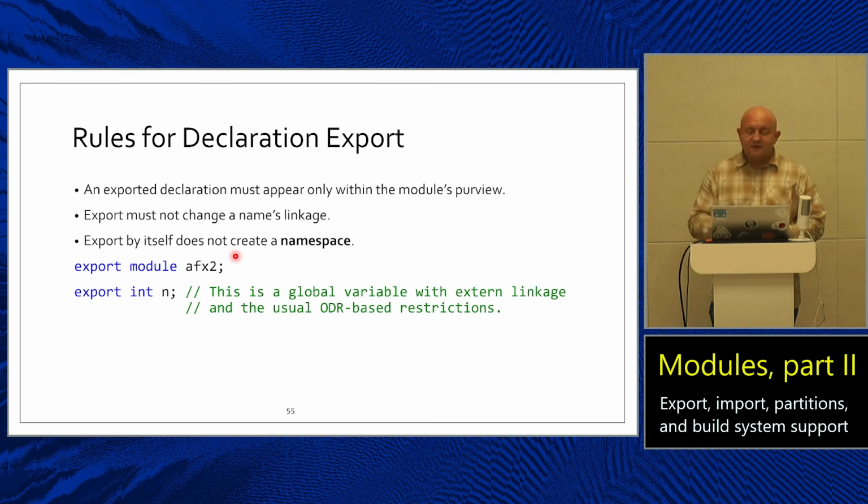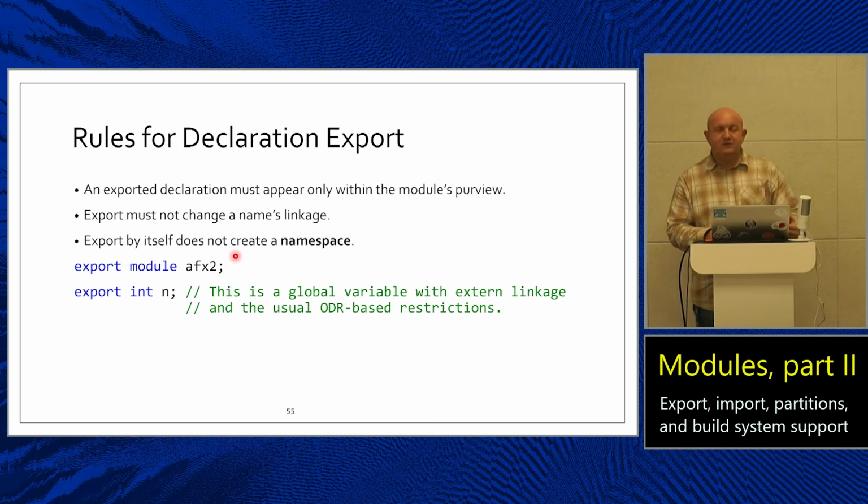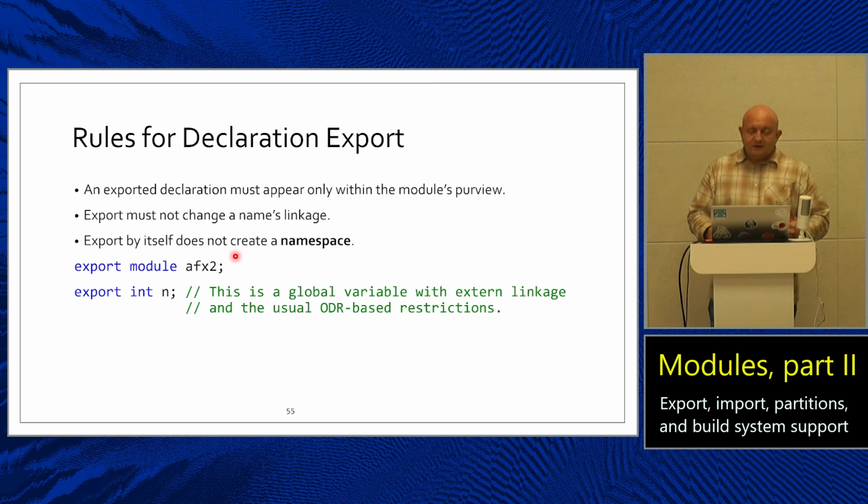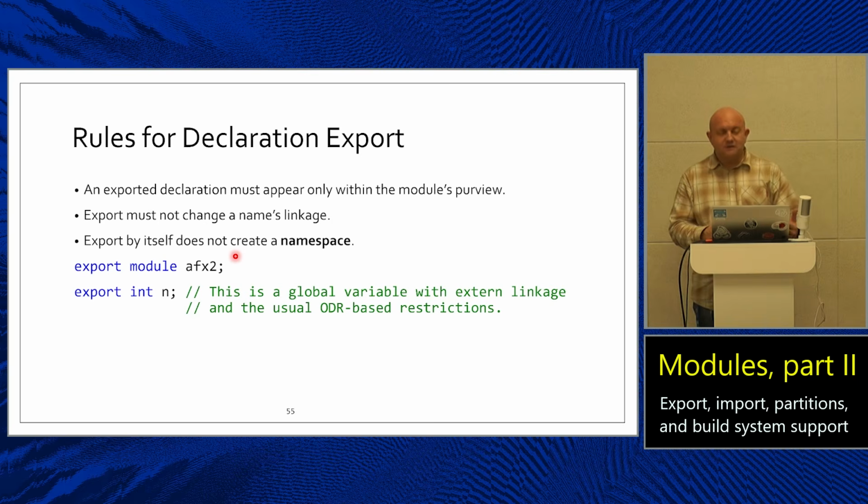That exported declaration is just a global symbol with external linkage. The same kind of global name you'd have in any other translation unit. The module name exists only so that you can import it. It doesn't affect how the exported entities are mangled or organized.